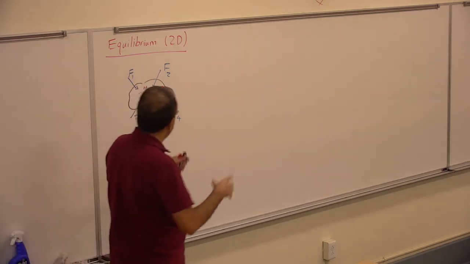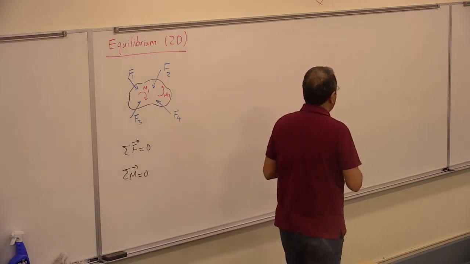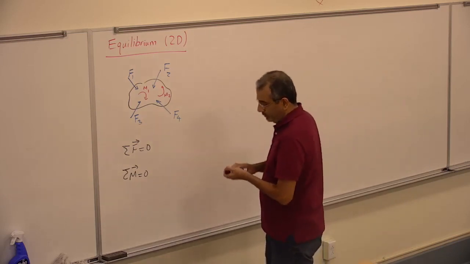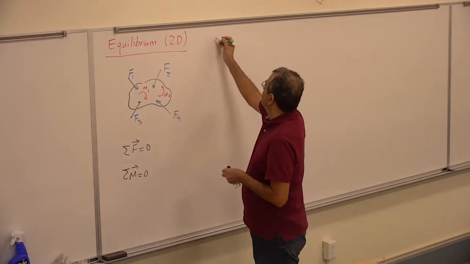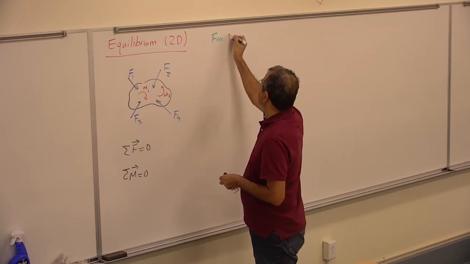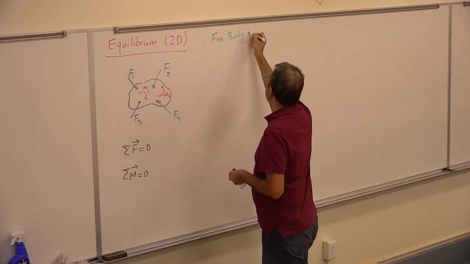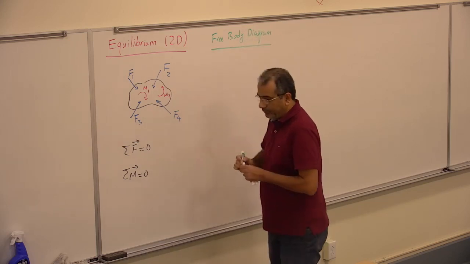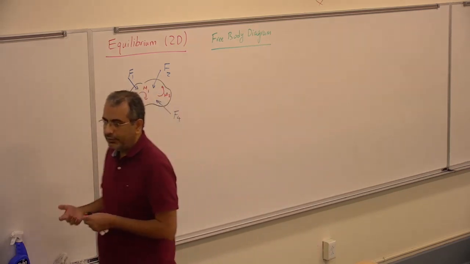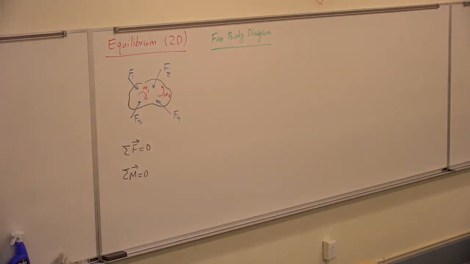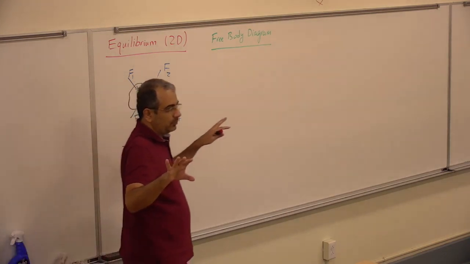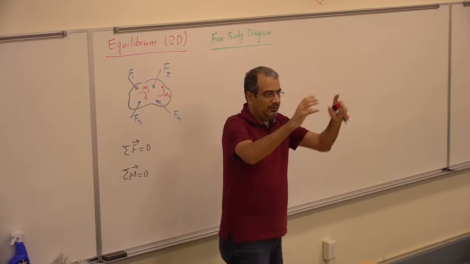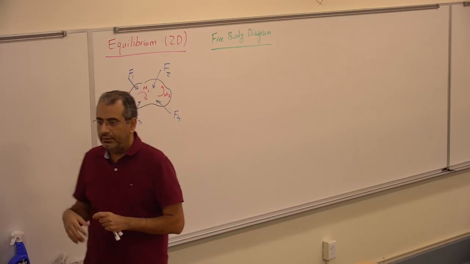So similar to what we have, if you want to solve any problem for equilibrium, we have to have the free body diagram of that. Same as before, when we want to draw a free body diagram, the first step is that we just remove all the forces and supports from that object, like it's suspended in the air, isolated in the air.